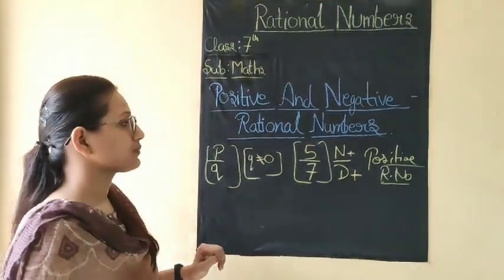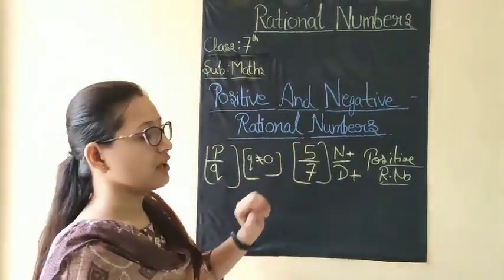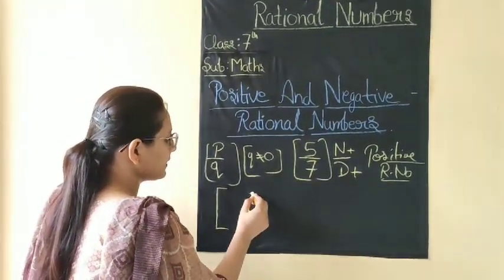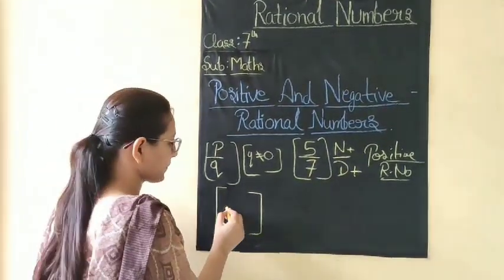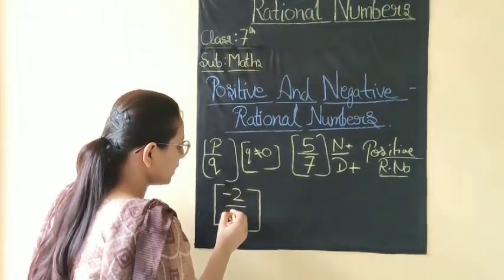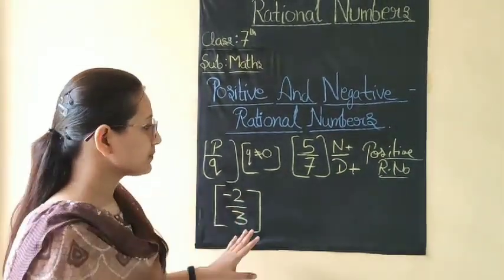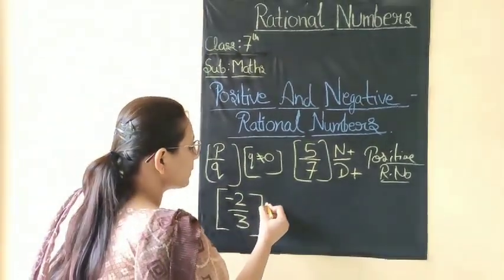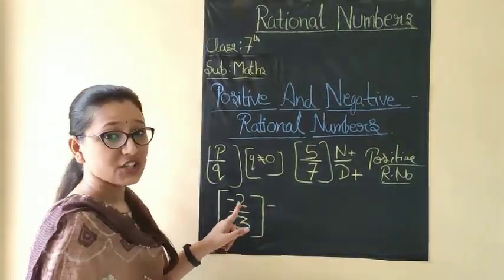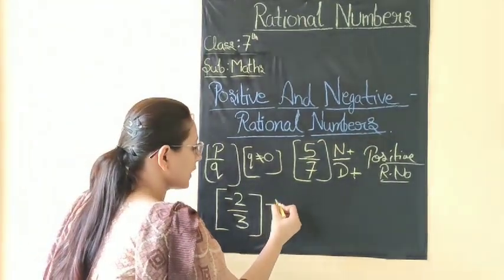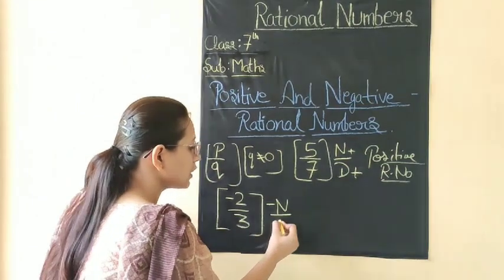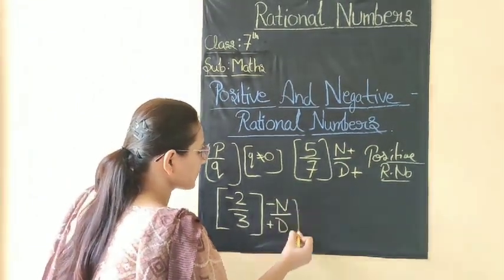Now come to the negative rational numbers. What are they? Suppose there is a rational number like -2/3. Here the numerator is negative, -2, and the denominator is positive.